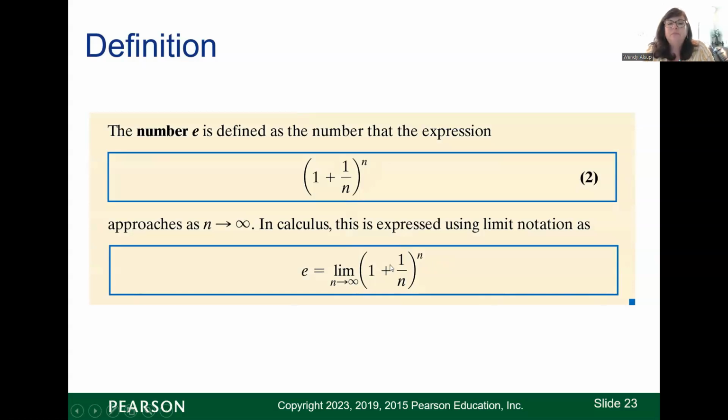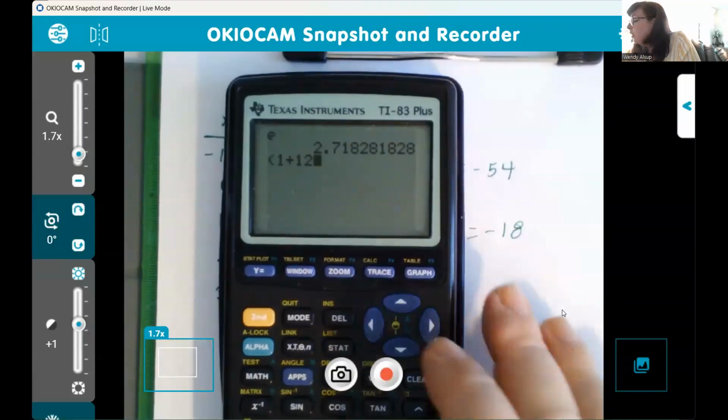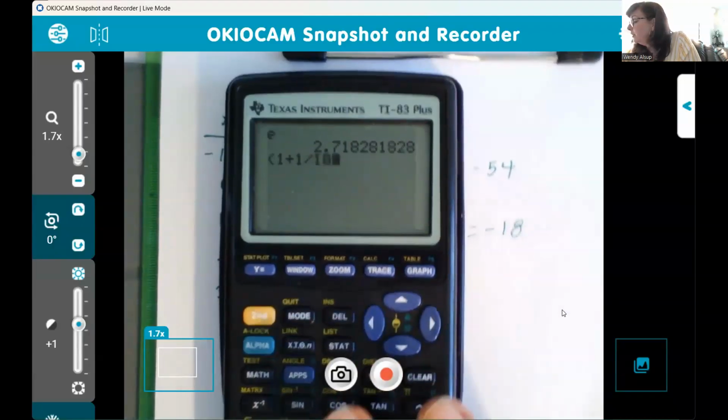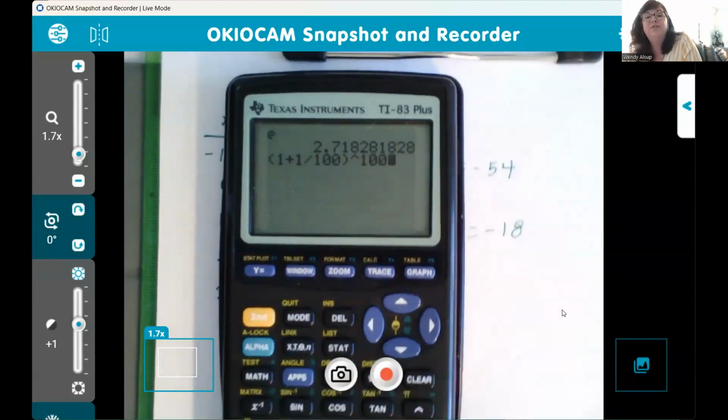So let's pick a really big value for n. Let's just try 100, and put it in our calculator. So we know what e equals. Let's try it here: 1 plus 1 over 100, divided by 100, then raised to the same n, so raised to the 100th power.